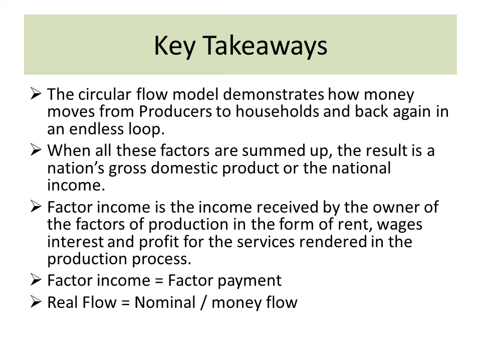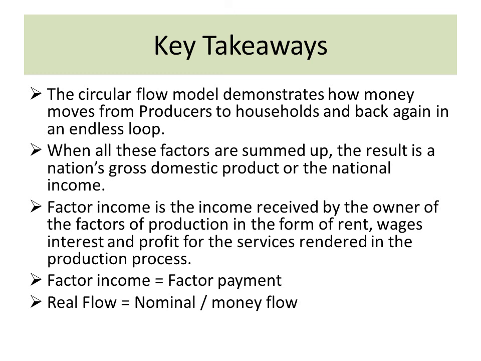Whatever goods are produced in all the sectors is called the GDP, and the value of GDP, that is, the payment that has been made, is called national income. Factor income is the income received by the owners of the factors of production in the form of rent, wages, interest and profit for the services rendered in the production process.